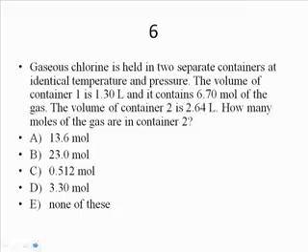Okay, number 6. We have chlorine in 2 separate containers at the same temperature and pressure. The volume in the first container is 1.3 liters, and it has 6.7 moles of the gas, and the volume in container 2 is 2.64 liters, and it wants to know how many moles of the gas are in container number 2.